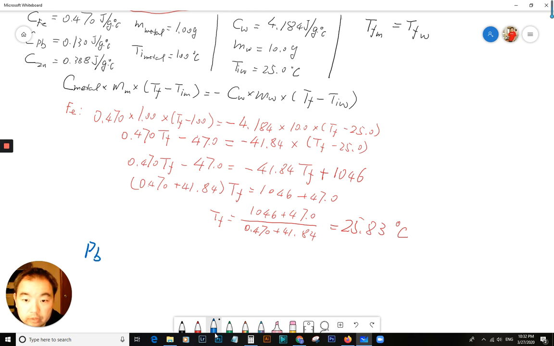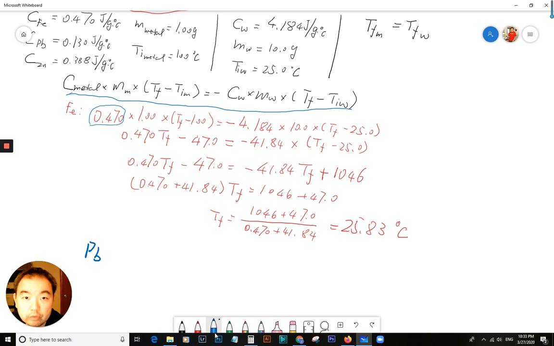Lead actually is the same thing. Let's check. Lead uses just the same equation. We're going to use the same equation to solve for iron, lead, and also the zinc. The only difference is the specific heat.